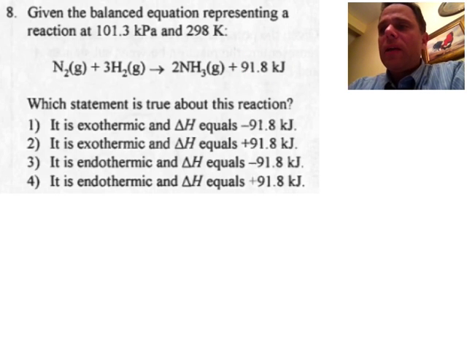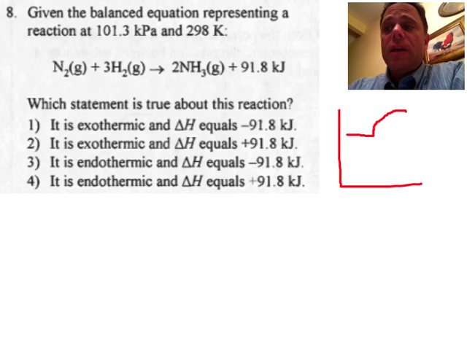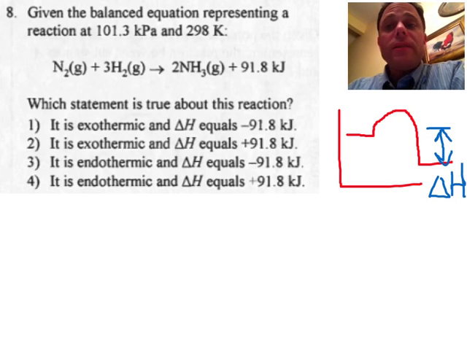Let me draw this out as a potential energy diagram. It would show this. Here we had the potential energy of the products. We reached the activation energy right there. And this suggests that this amount of energy has been released. That's our heat of reaction, which is our delta H. Now it went down.